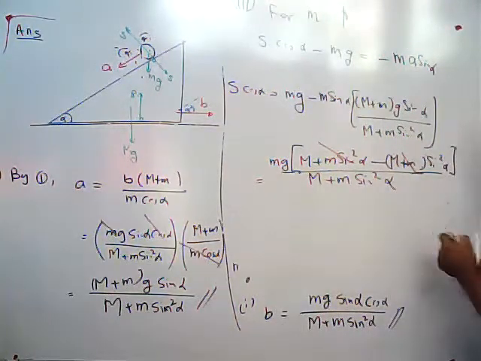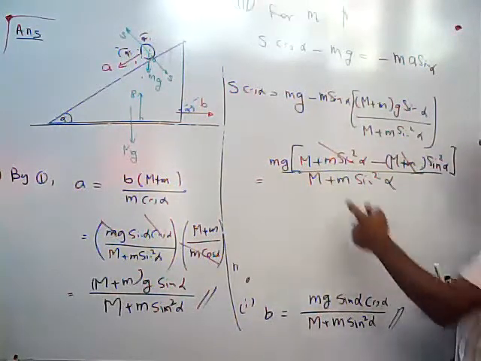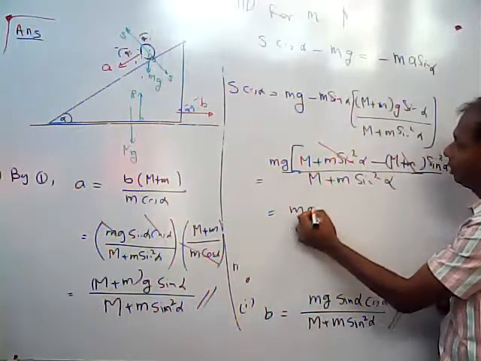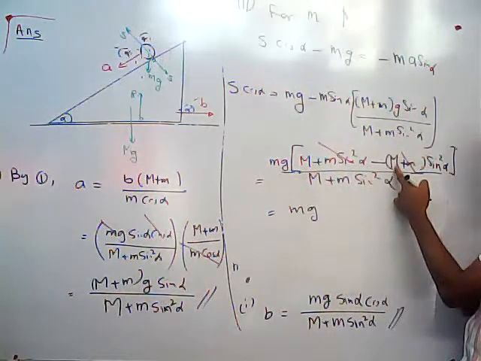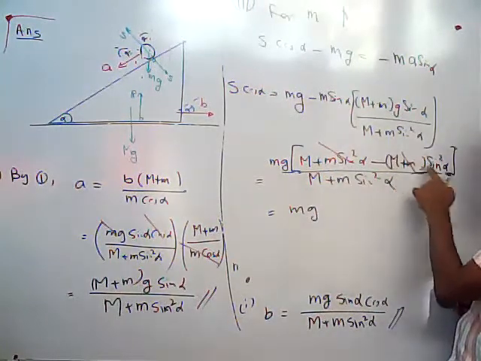M sin squared alpha gets cancelled, giving mg here, capital M minus m sin squared alpha. You take capital M out, it will be 1 minus sin squared alpha.